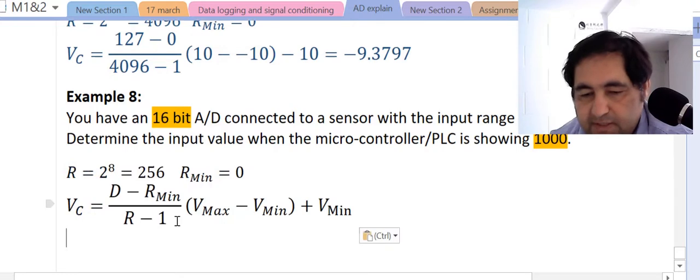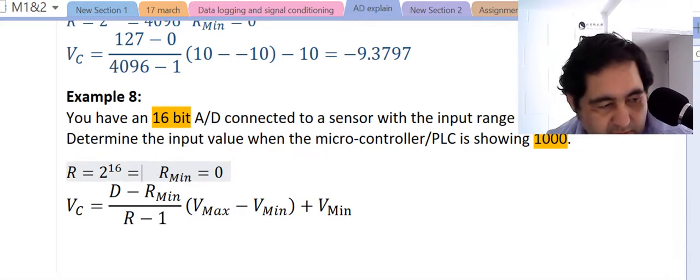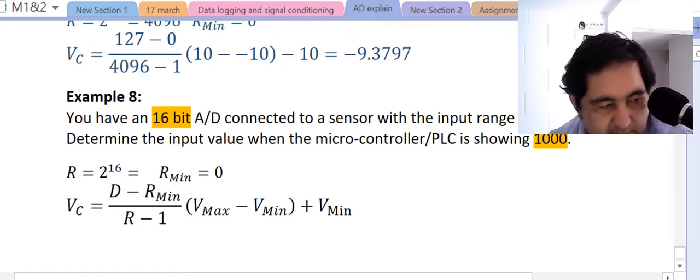So copy and paste here. This time n is 16 because it's 16 bits. So let me change this value too. So guys, 2 power 16 equals 65536.